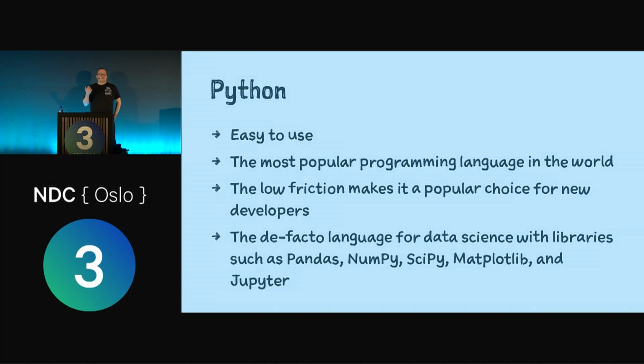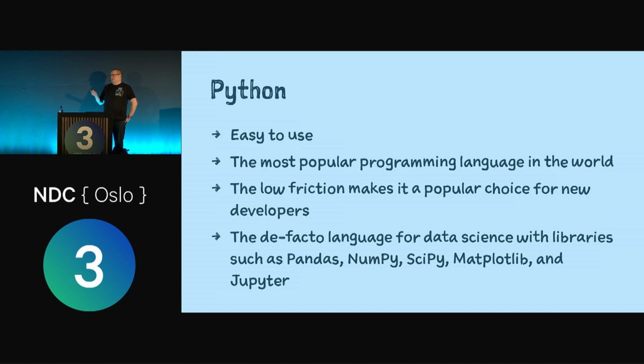And it is the most popular programming language in the world. And it's getting more popular every month. The popularity of it is increasing quite rapidly. And this low friction of using Python makes it a popular choice for new developers. And it's also the de facto language for data science.